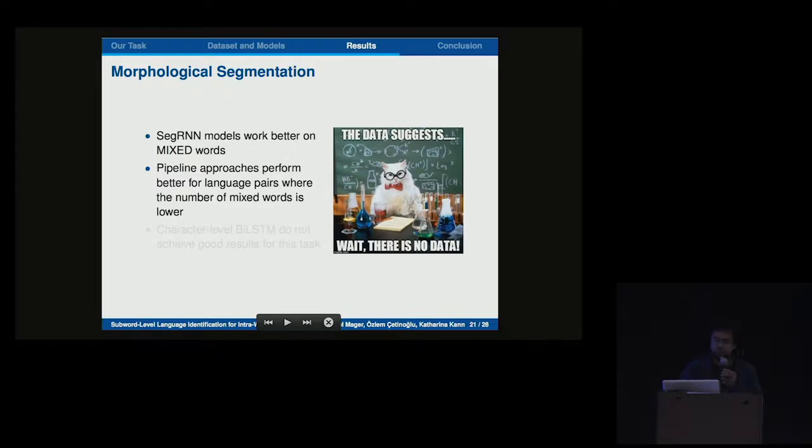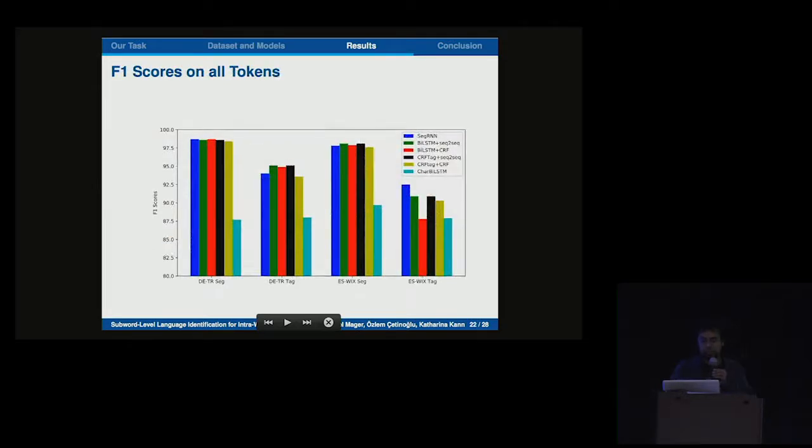We will show it as follows. Then the pipeline approaches perform better for language pairs where the number of mixed words is lower, and mostly on the general picture. And the character-level BiLSTM does not achieve good results given the large input sequences.